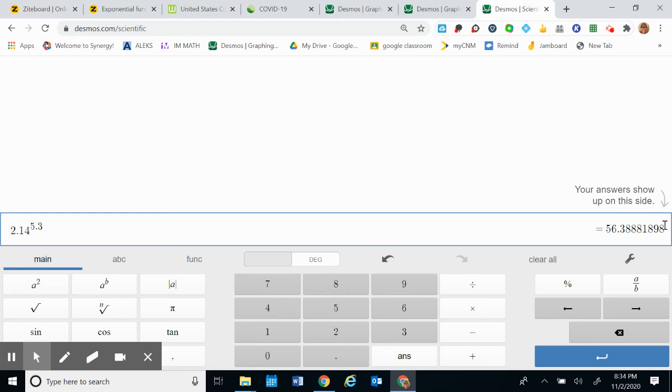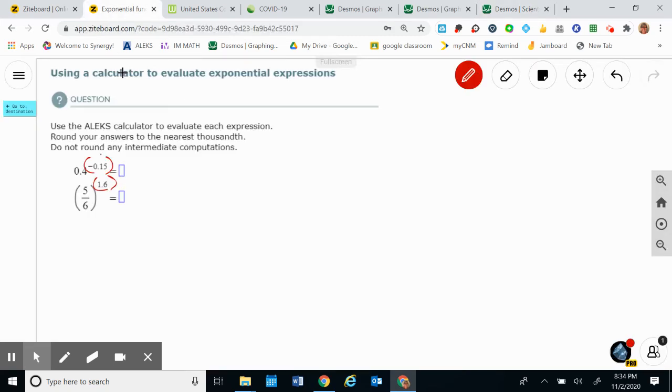The answer is right here. Your calculator can do it with this little magical button of A to the B. That's what this is about, just helping you learn how to plug things into your calculator, and that's it.